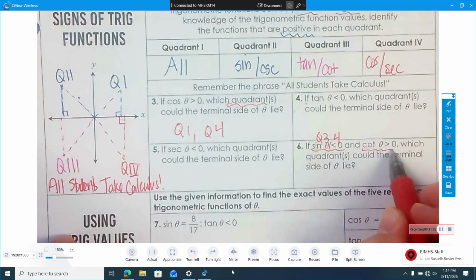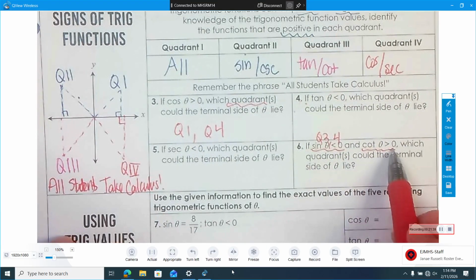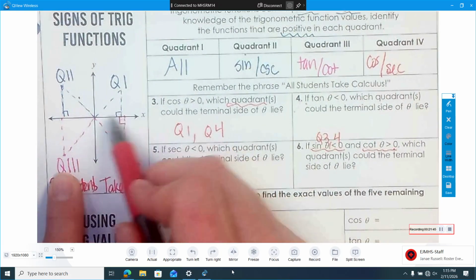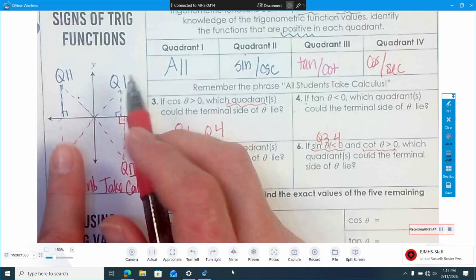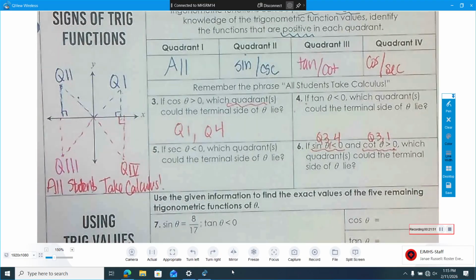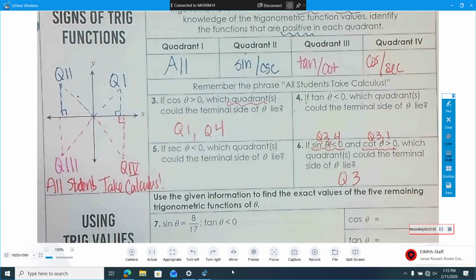And cotangent is greater than 0. So that's tangent. Where is tangent positive? 3 and 1. Yeah, tangent is opposite over adjacent, so that's where the signs match. So quadrant 3 and quadrant 1. And what do they have in common? Quadrant 3 is where it must lie.